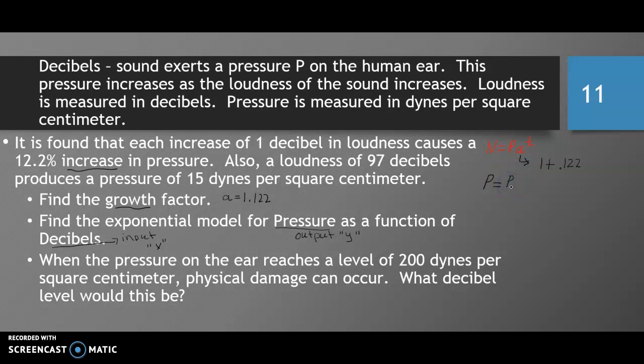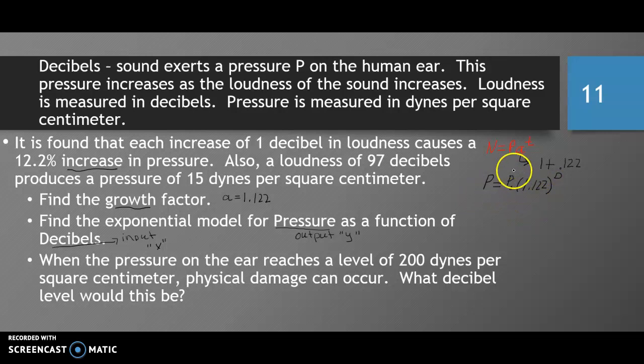So I'm going to use the P and put a subscript of 0 to mean it's the beginning value. We figured out what our A is, so we know that this is 1.122. And typically the input is time, but in this example we have our input as decibels, D. So this is what my formula looks like in the context of this problem.